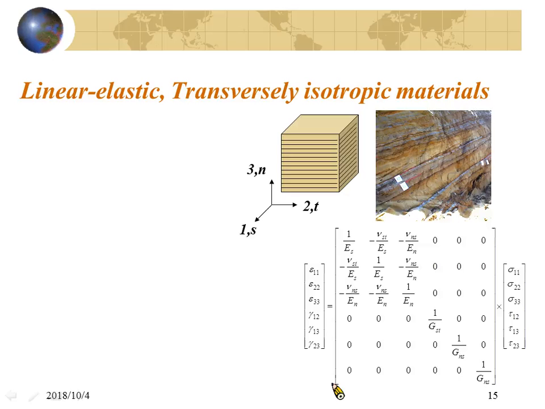So here we will have the Young's modulus ES and EN. You will have 2 ES and 1 EN. What is N? N is in direction 3, which is the normal vector of the symmetrical plane. For this case, the symmetrical plane is the horizontal plane, and the normal vector is in the vertical direction.